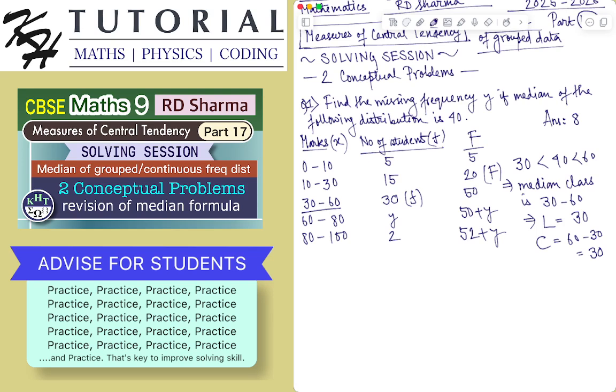And once you know the median class, you know the lower limit, that is capital L, you know the capital C, that is the width of the class or size of the class, and also you will know the small f. Maybe the small f will have some unknown variable and maybe the capital F will also have some variable.